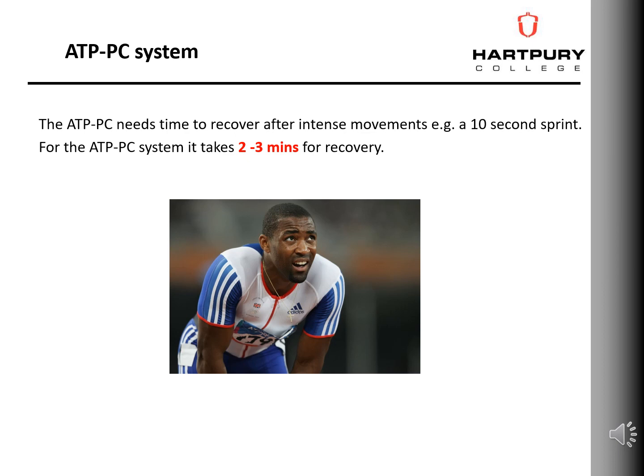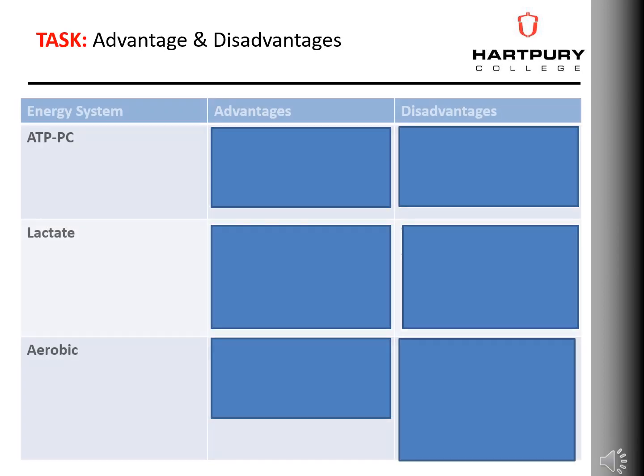An important piece of information to note is that this system takes time to recover, especially because they're intense movements. So if we're doing a 10-second sprint, the ATP-PC system takes 2 to 3 minutes to recover. So it's not great, okay, that's a long time to recover. So we've got to try and use other energy systems if activities last for any longer than 10 seconds.